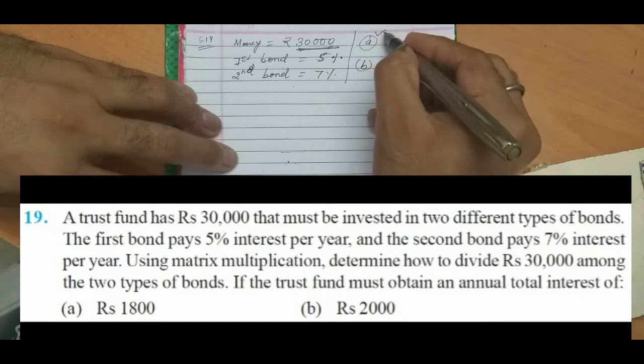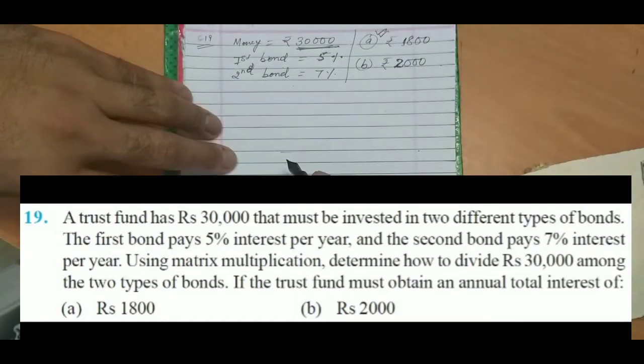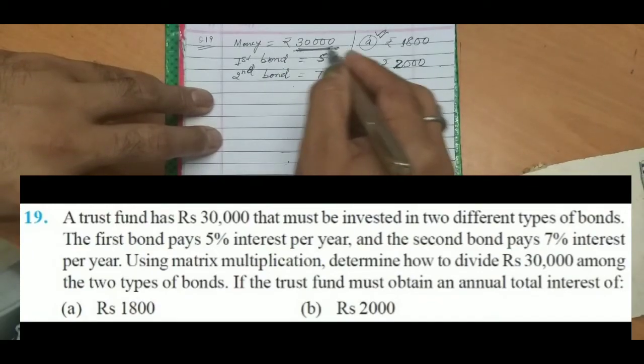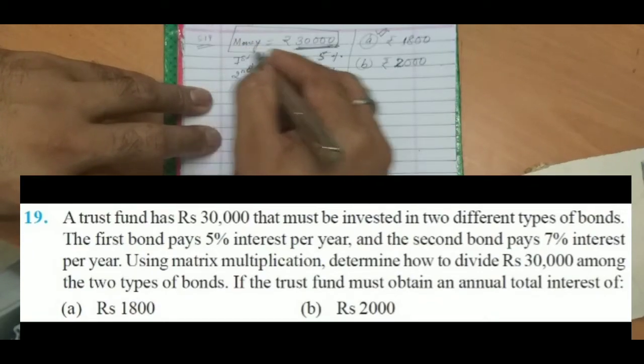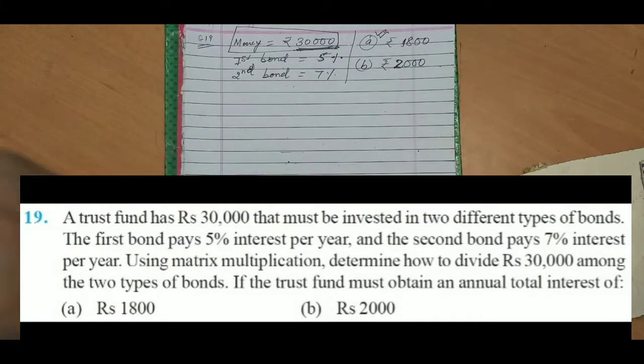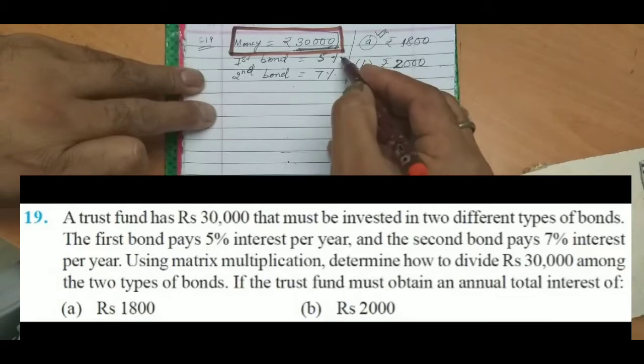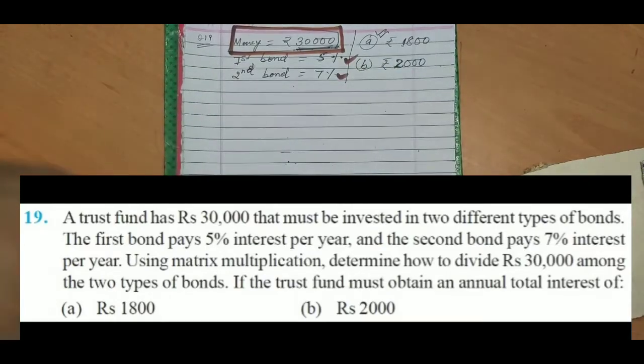So we will start first with part number A, that is rupees 1800. So we must divide this amount, rupees 30,000, into two parts, with 5% and then 7%.